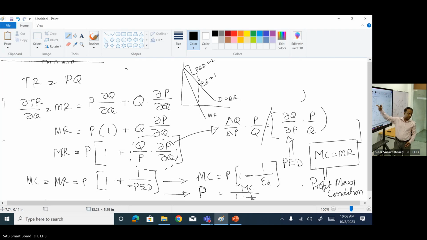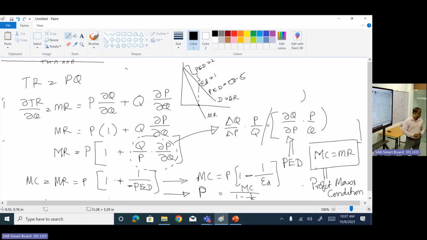If it is inelastic, say the elasticity is 0.5, less than 1, then 1 over 0.5 is 2, and 1 minus 2 means minus 1. So MR becomes negative.